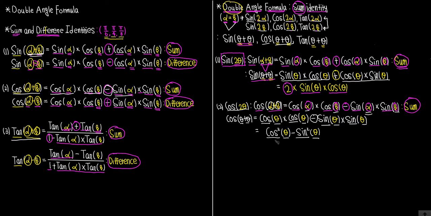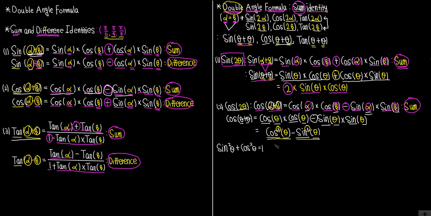But we can see that they have squared terms. That means we can rewrite this using the Pythagorean identity just like we did in our previous videos. What was the Pythagorean identity? That shows that sine squared theta plus cosine squared theta is equal to positive 1. So now we have the terms cosine squared theta and sine squared theta.